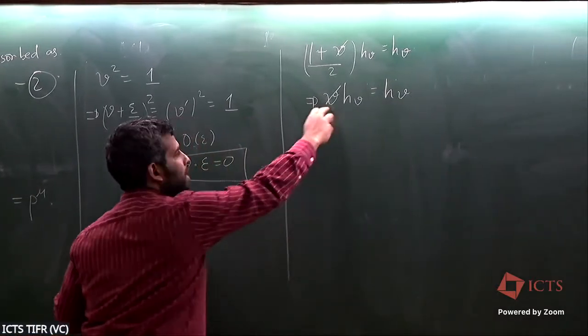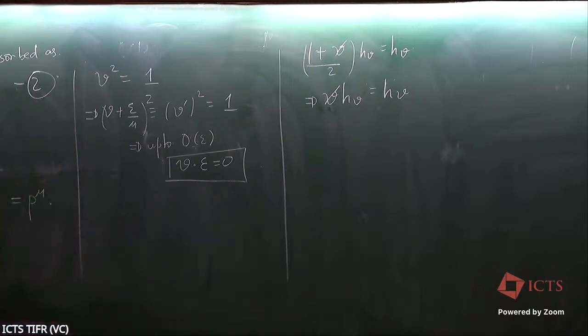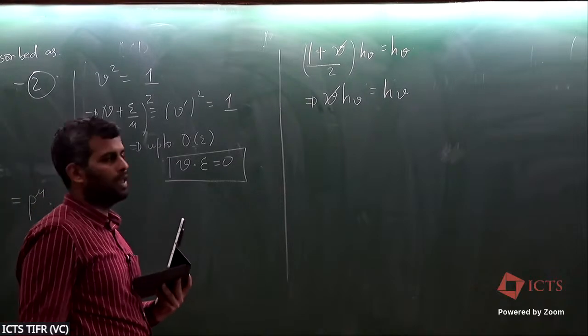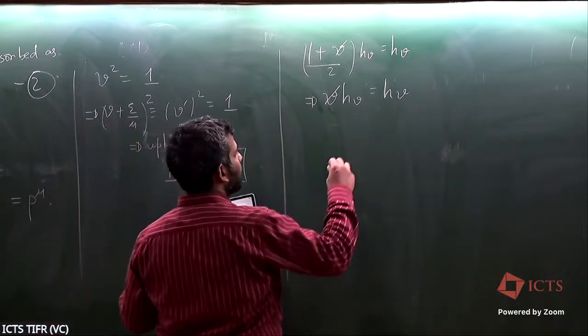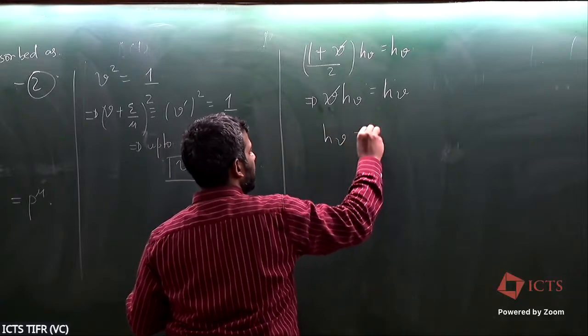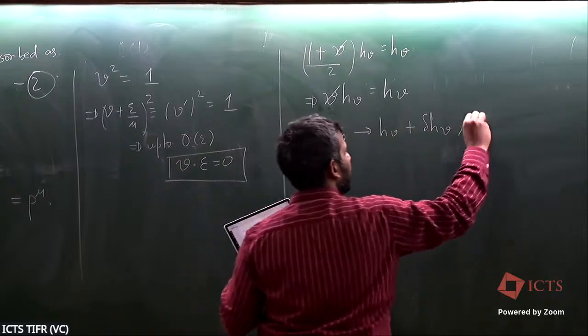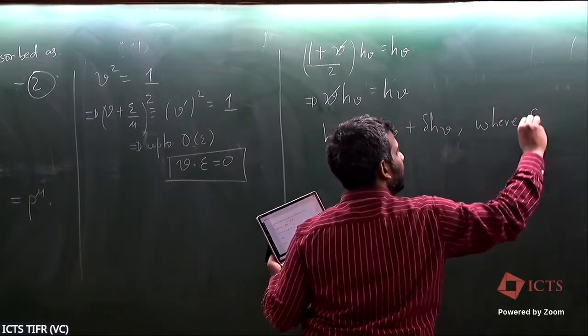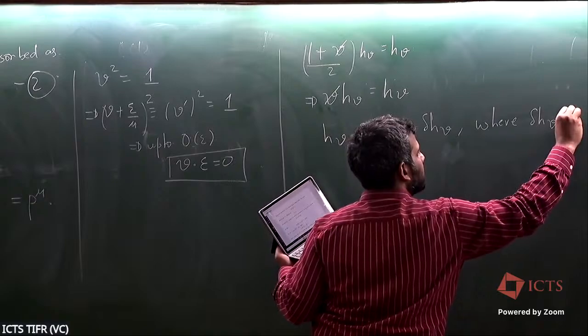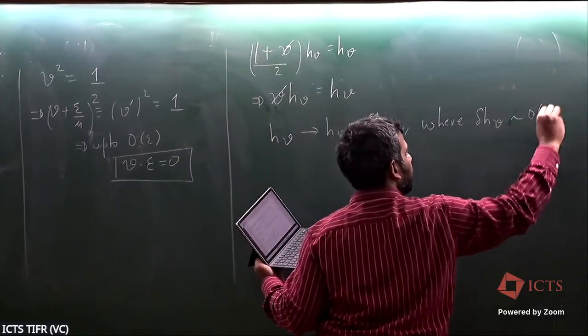And so any change I do to the V, I have to also do the change in the field because the field is now transformed to a new frame in the prime coordinate. And so I define a change in field as HV plus delta HV, where delta HV is order epsilon for me.